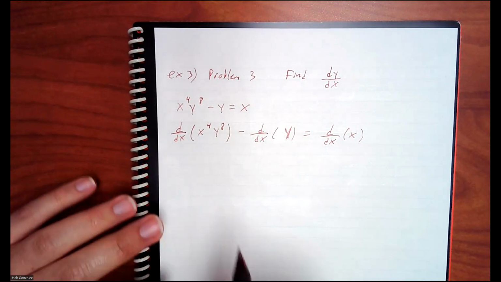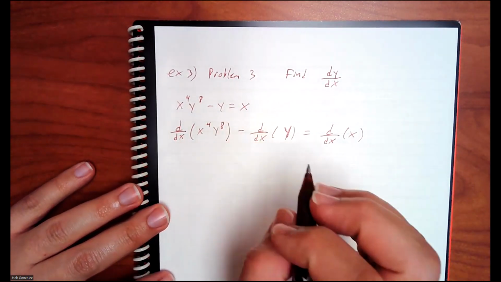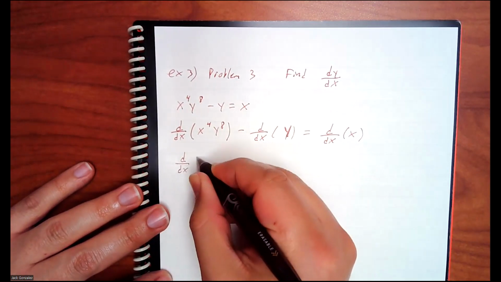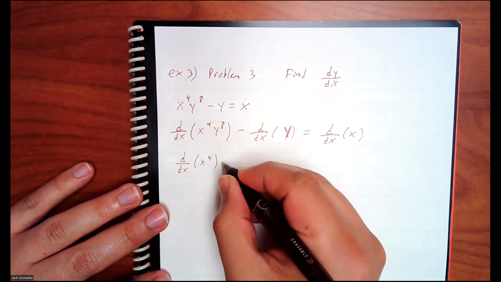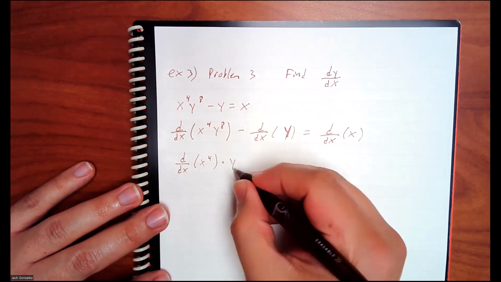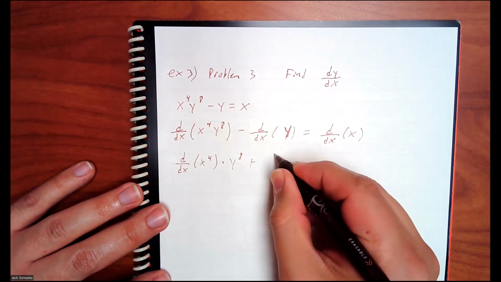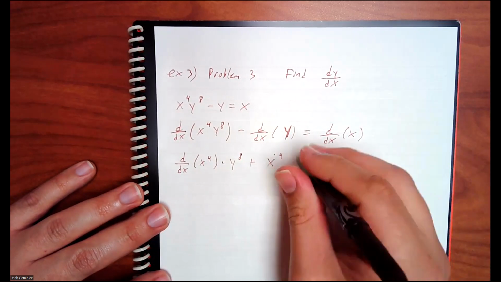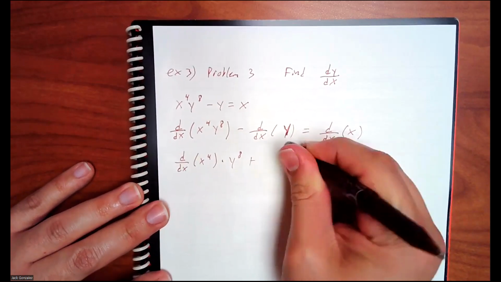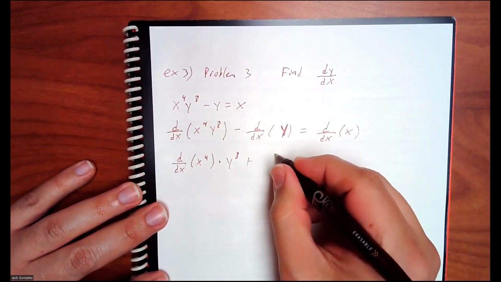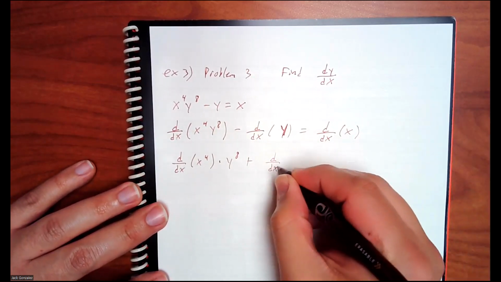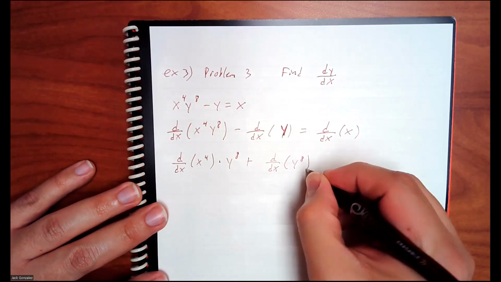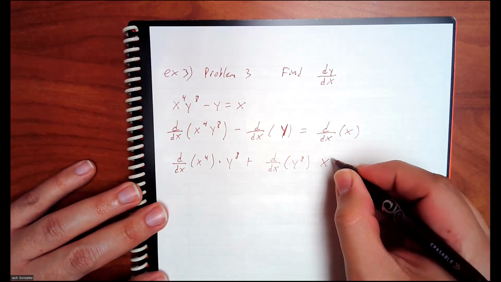Okay. So this will be a product rule. The formula says you take the derivative of the first one times the second one plus the derivative of the second piece times the first piece.